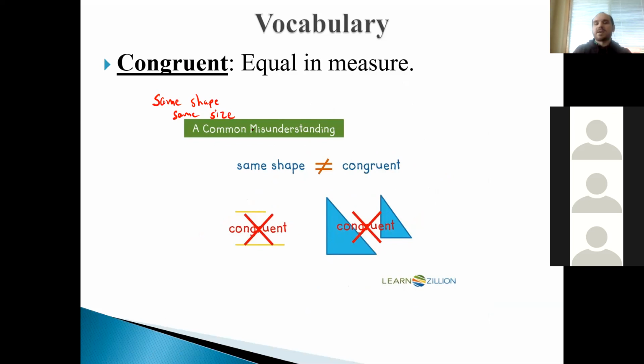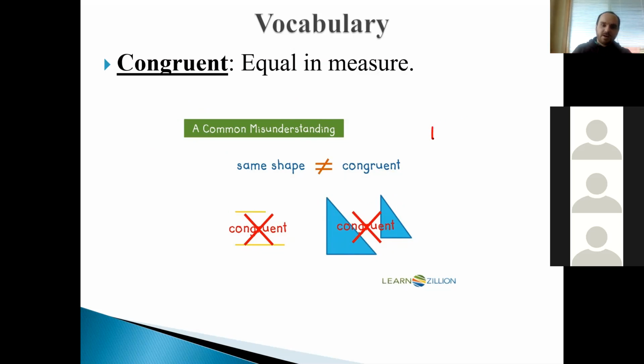This is the way that I like to think about these things. Congruent has to be both same shape and the exact same size. So these two triangles right here, these are the same shape, right? They're both right triangles with the same angles. But because this one is much bigger than the tiny one right here, these are not congruent. Same with these lines. This line right here is a straight line going left to right. This one's also a straight line going left to right, but they're not congruent because they're different lengths.